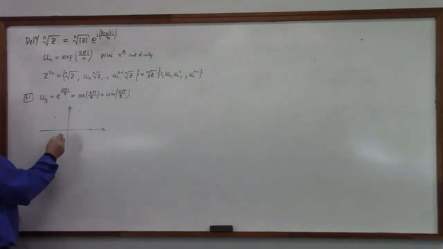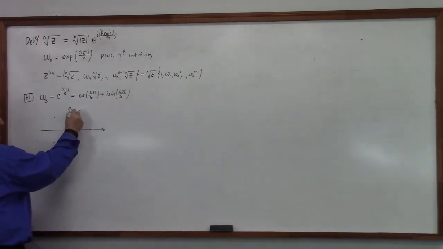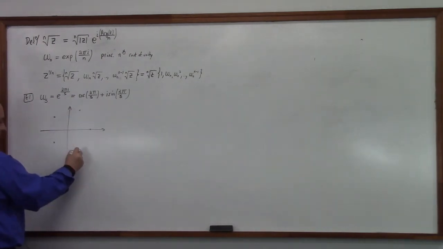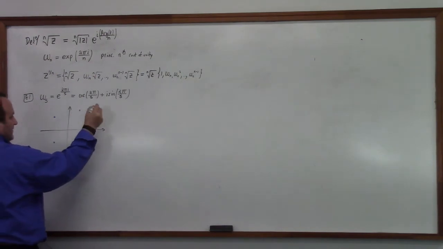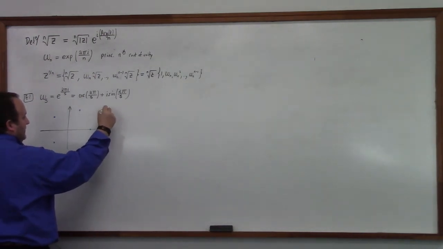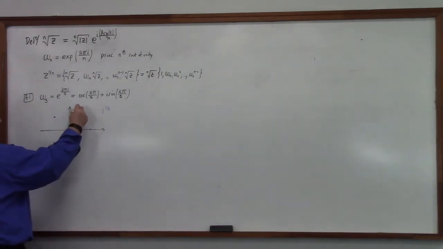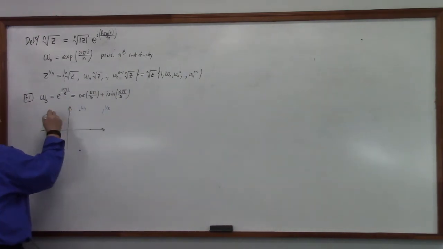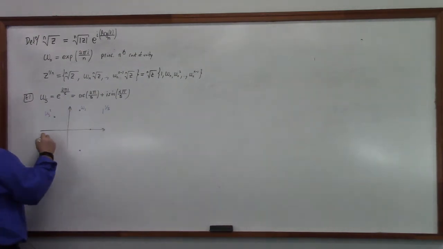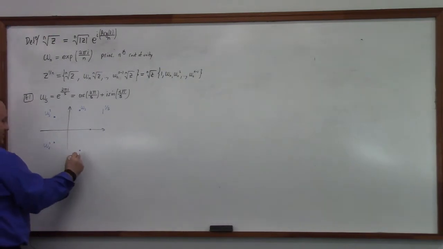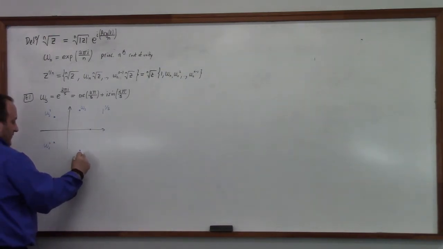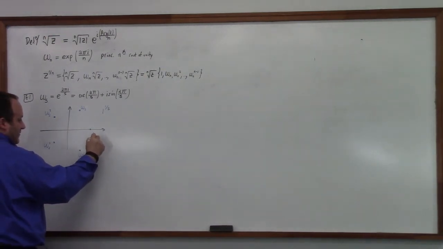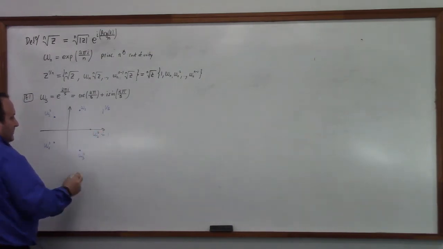So these are the 5th roots of unity. These blue dots form 1 to the 1/5. There's these 5 things: omega, omega squared, omega cubed, omega to the 4th power, and then of course omega to the 5th power is just 1 again.